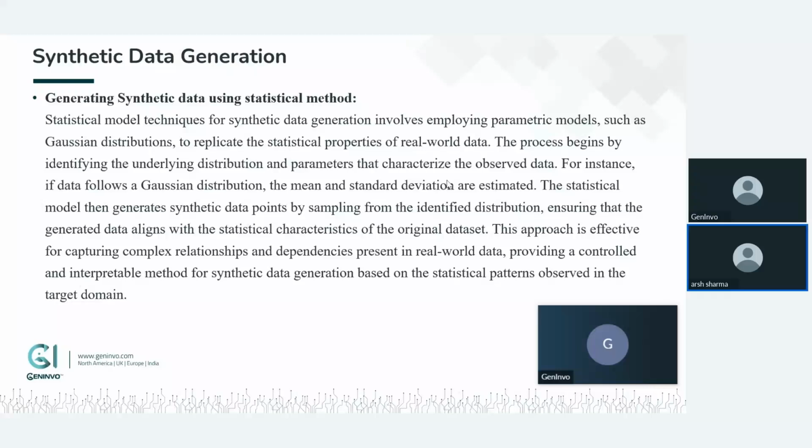Next is generating synthetic data using statistical methods. There are various statistical modeling techniques for synthetic data generation that involve employing parametric models like the Gaussian distribution. We may call it the normal distribution as well, where the mean, median and mode are the same.